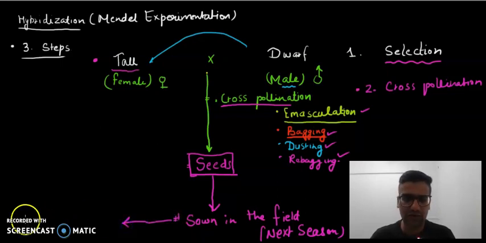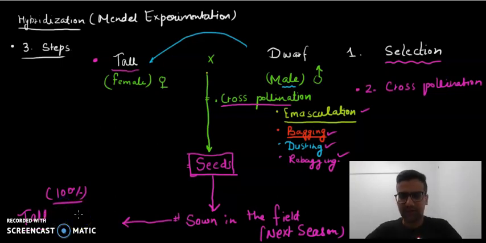He observed that all the plants obtained were tall, that is, 100% of the plants were tall. From the cross of this tall plant and this dwarf plant, no dwarf plant was observed in the first progeny.